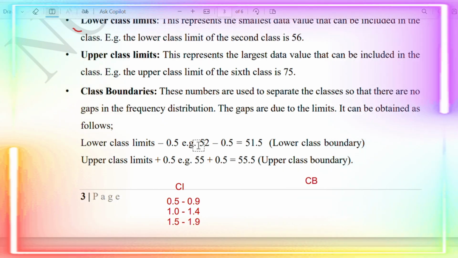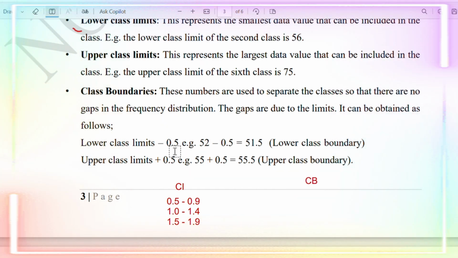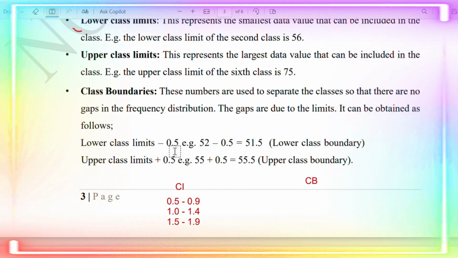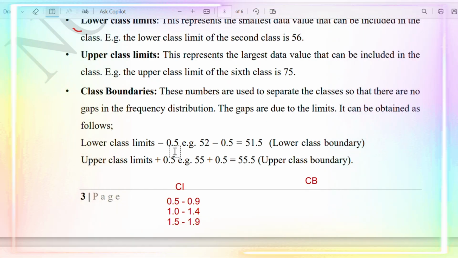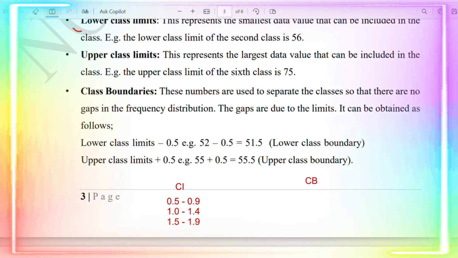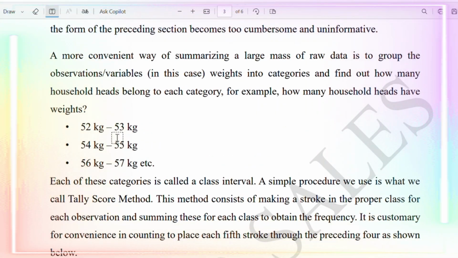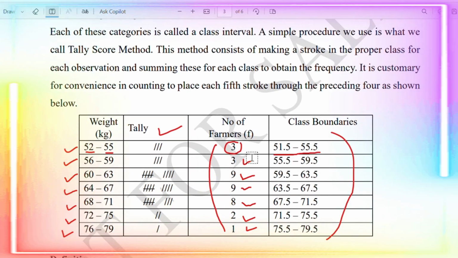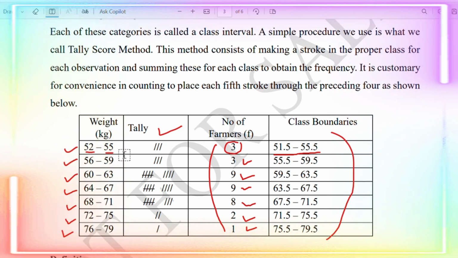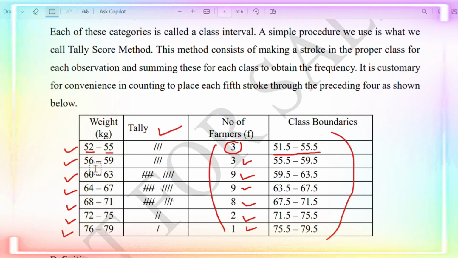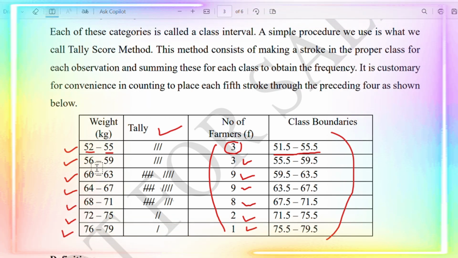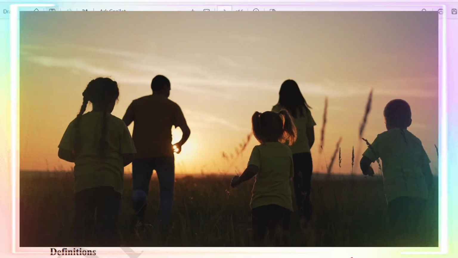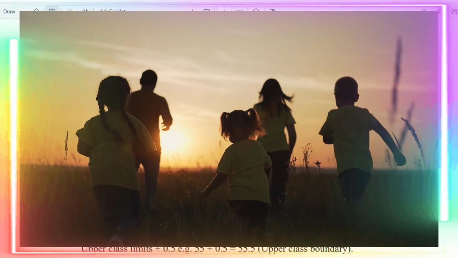Will you say that you are to subtract 0.5 from the lower and add 0.5 to the upper class limit? No. When you look at the first one, the class interval 52 to 55, after 55, which number follows? 56. And that gives you the idea that this is a count of 1. After 55 is 56, which is a count of 1.